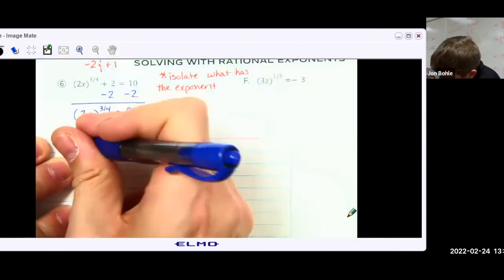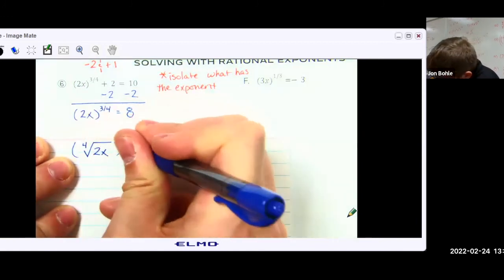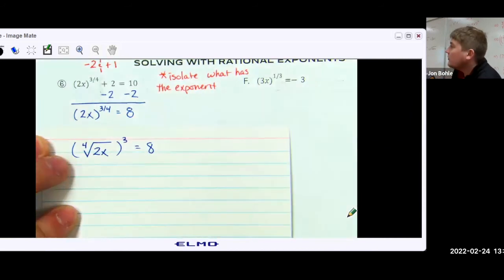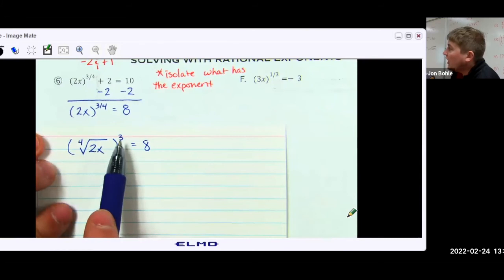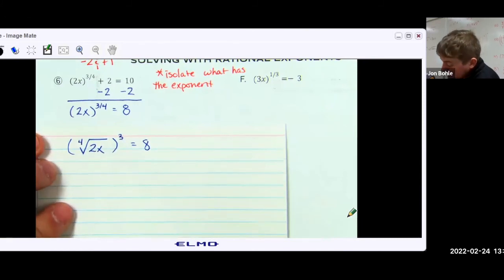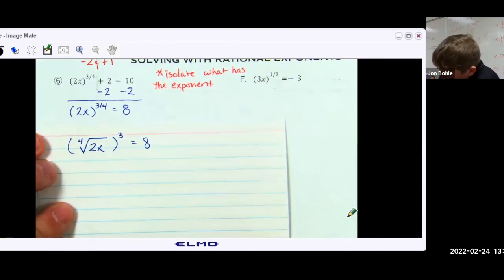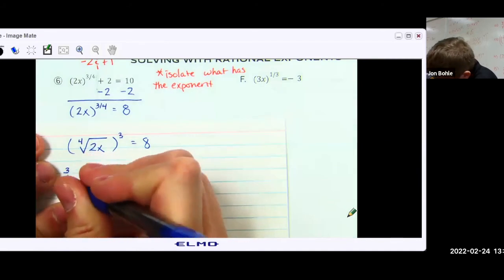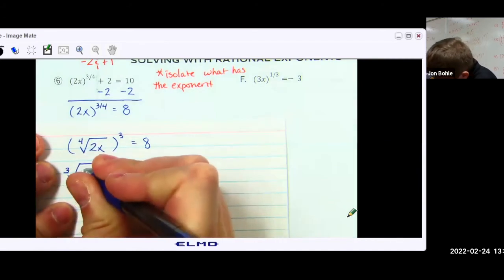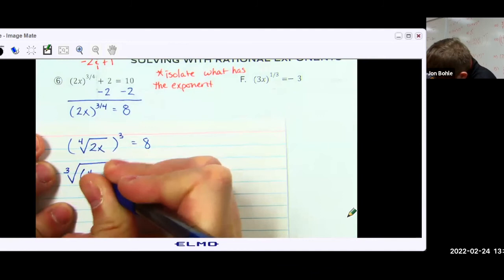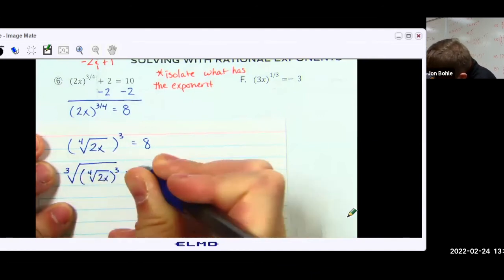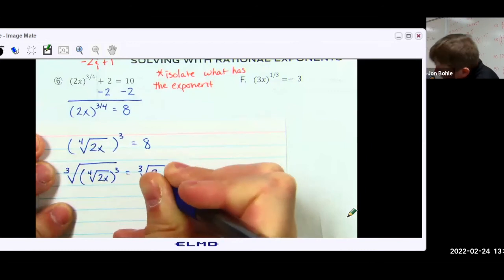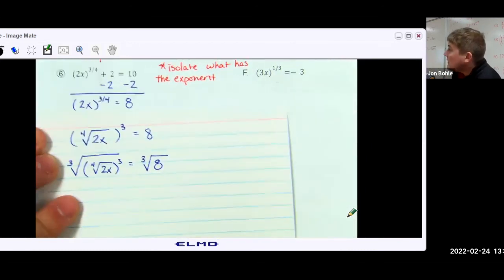To the 3rd power. Okay, we could definitely solve the problem from here because I could do what to undo this cube? So now I could cube root this whole thing.